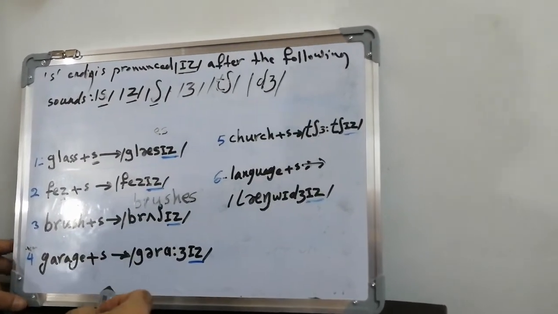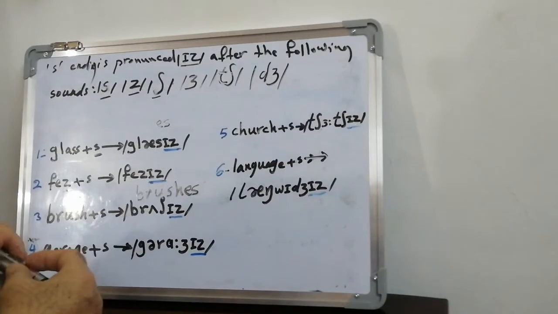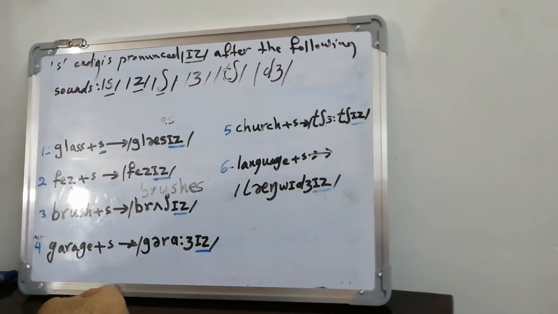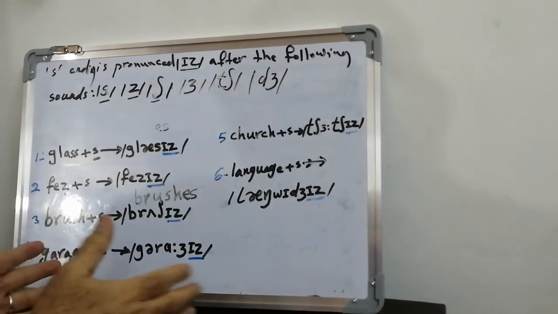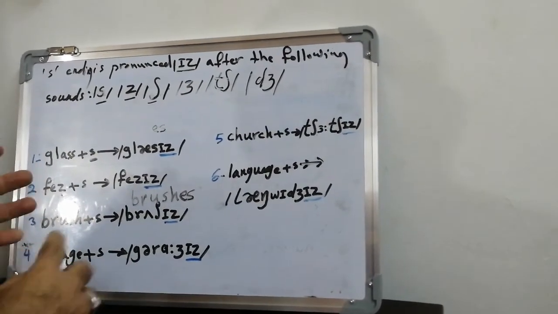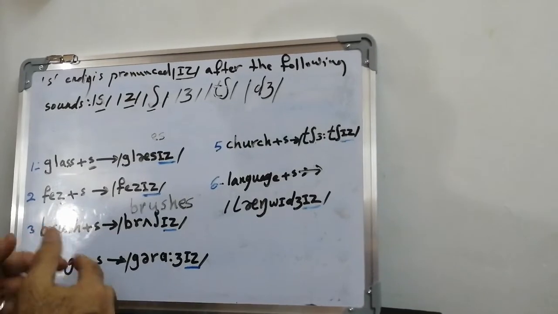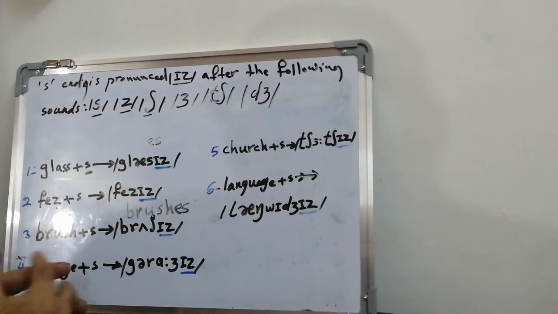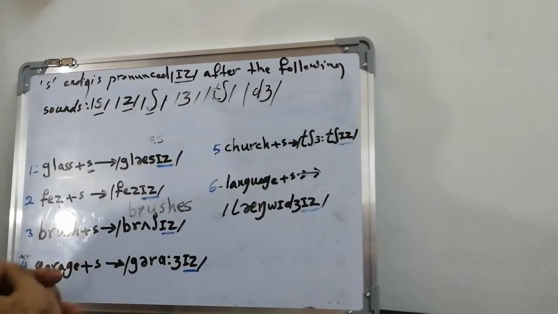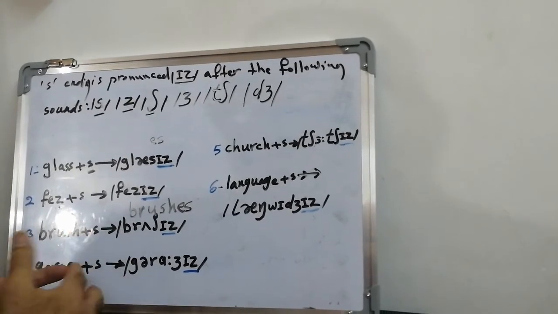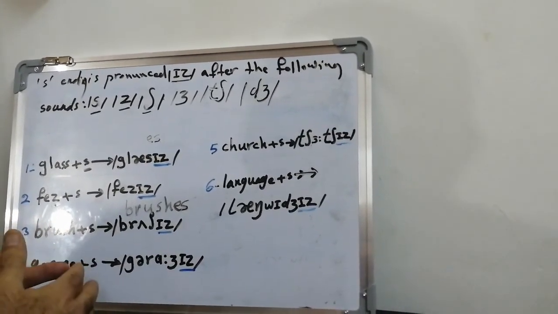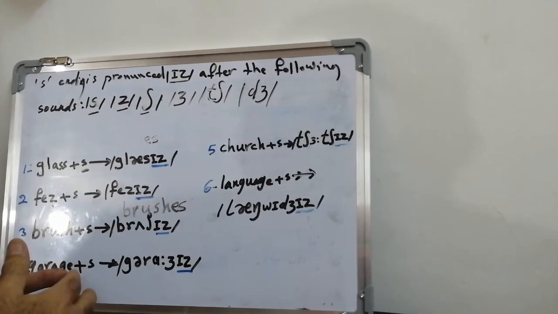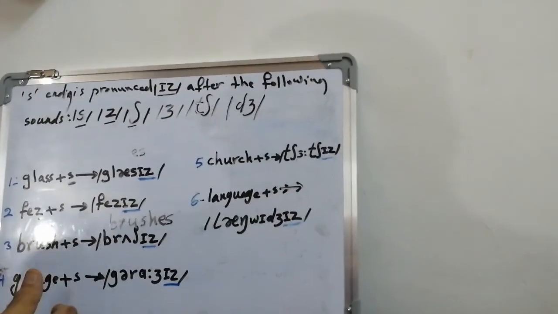Practice it, because this is very important in the exam. One of the questions is going to be on this item. I give you words ending with S, and I tell you to tell me whether the S at the end of the words is pronounced se, ze, or is. Okay? Right. Thank you very much.